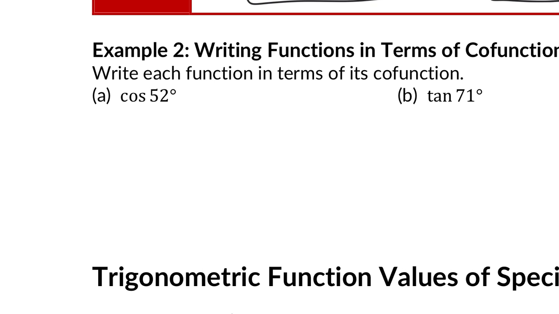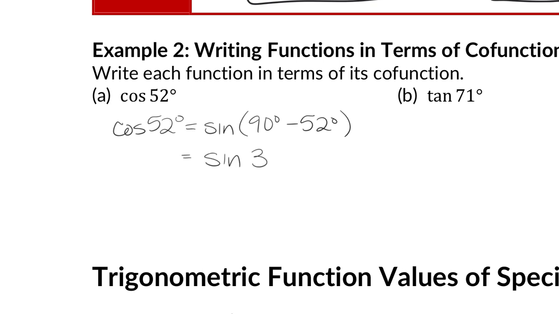I would know that the cosine of 52 degrees should be equal to the sine of 90 degrees minus that same angle from the cosine function. So whatever angle is within cosine is what you're subtracting from 90, because they're complementary angles, and we saw that on the other side. So I could say that sine of 90 minus 52, well, that's 38 degrees. So cosine of 52 degrees would be the exact same as sine of 38 degrees.